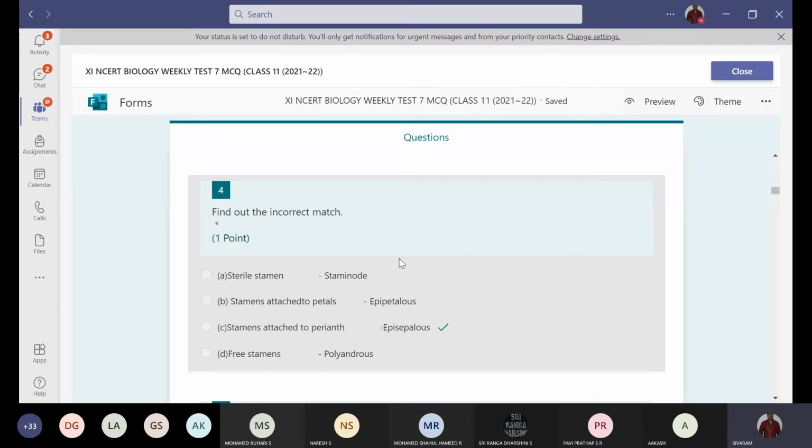The term that is used if stamens are attached with the perianth, we call it as epiphyllous, not episepalous. Because perianth means the sepals and petals are undifferentiated, so we don't have sepals and petals. That's why we can't use this term sepalous. So we use the term epiphyllous.